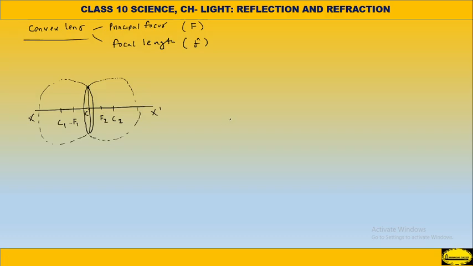A convex lens has two surfaces. This is the first surface, and here is the second surface. So it has two principal foci, f1 and f2.